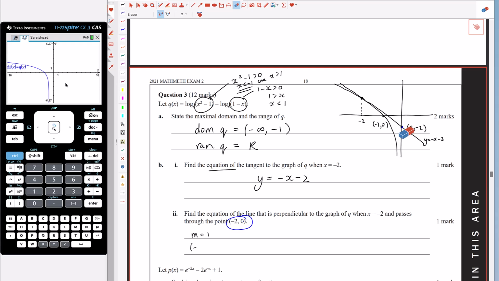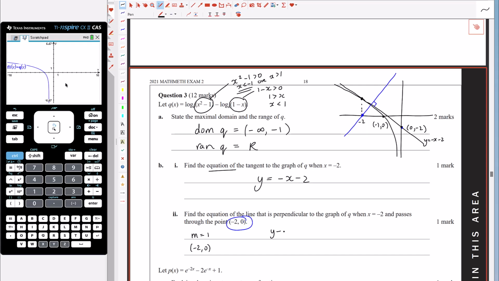It goes through the point -2, 0. So it has to go through this point, but be perpendicular. Okay, so that's the line we want there. So we're going to use y minus y1, so y minus 0 equals gradient times x minus x1. And so the equation is going to be y equals x plus 2.